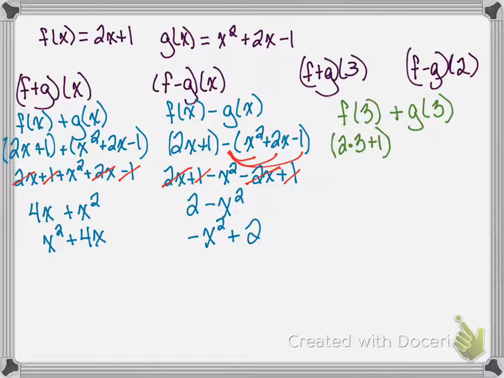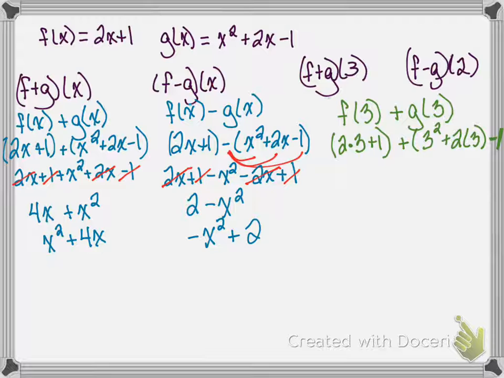Then I am going to add that to g of 3. So I'm going to plug 3 into g of x. So I have 3 squared plus 2 times 3 minus 1. Both of those are in parentheses. So we have to fully simplify f of 3, then fully simplify g of 3. That's super important when we subtract.